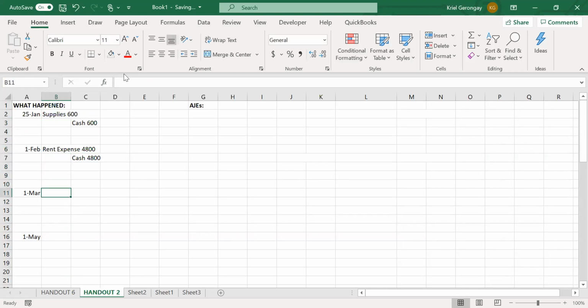For March 1st, you borrowed $20,000 from the bank, signing a 1 year note at an annual interest rate of 12%. So you're going to increase your cash by that amount.